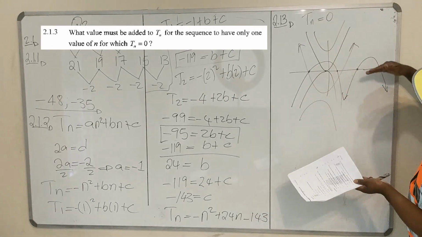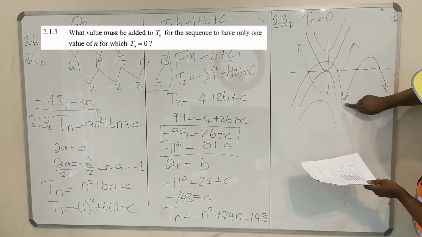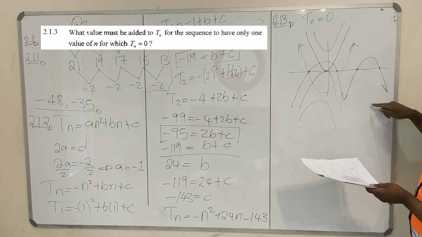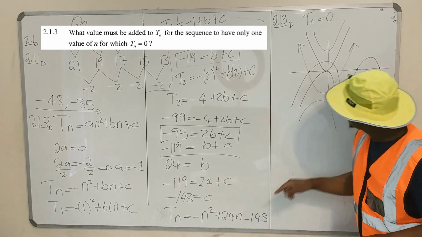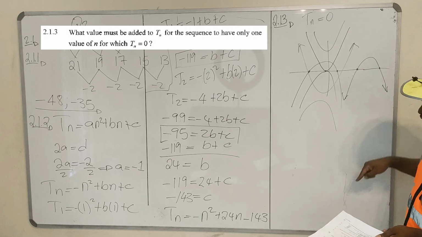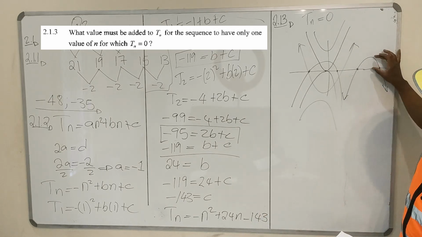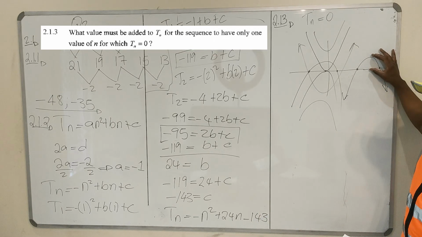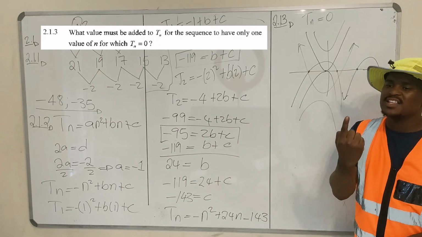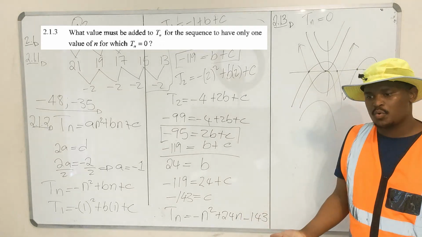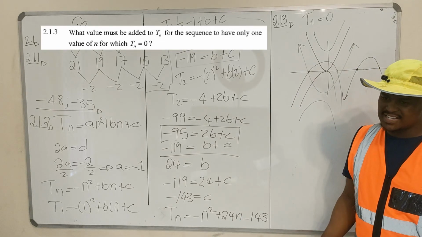So either you have a situation where it is above, or this situation where it is above. They're asking how many times you must shift it down, such that there's only one position where Tn is equal to 0. Do you understand that?